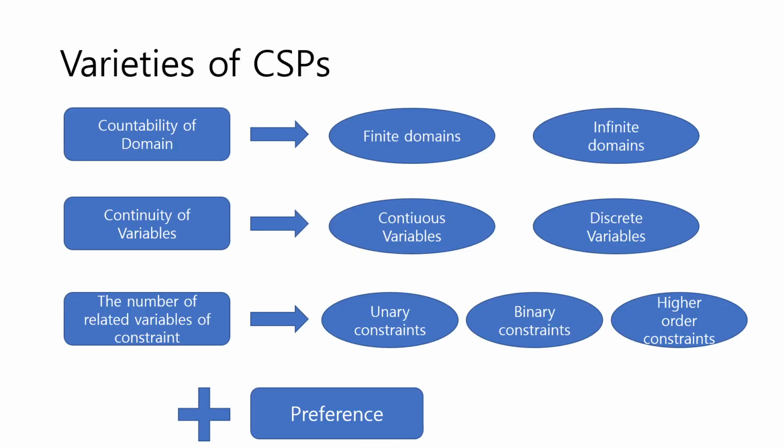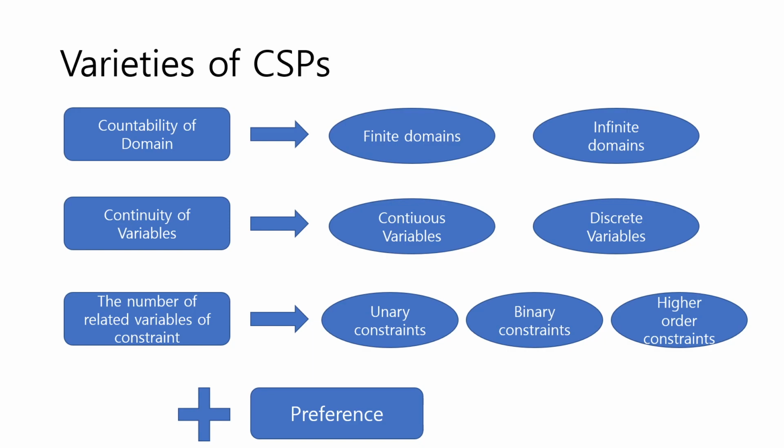Not only these examples, in the real world there are many more CSPs. We can classify CSPs by some standards. Depending on the countability of the domain, they are divided into finite domains and infinite domains. Depending on the continuity of variables, they are divided into discrete variables and continuous variables.